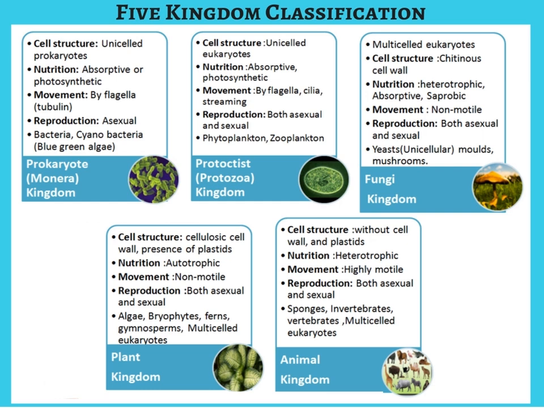The fourth kingdom, or highly specialized, highly developed kingdom, is kingdom plant. In the cell wall, there is the presence of cellulose along with lignin that makes the cell stronger. One of the features that is present in plants is the presence of plastid.